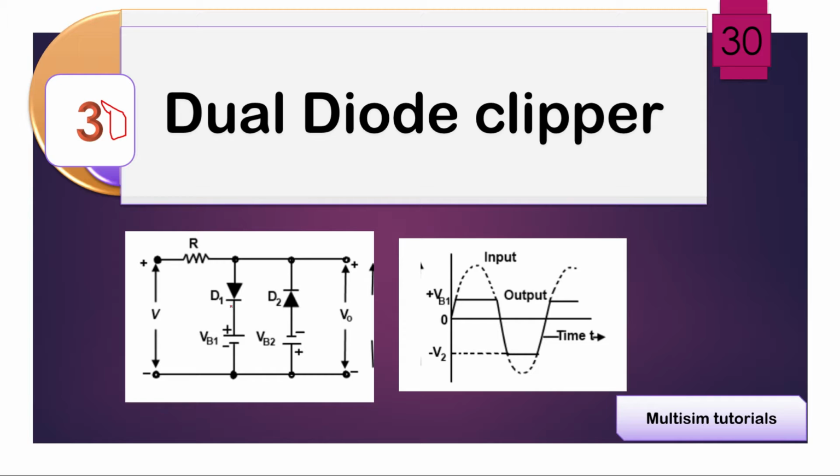So what exactly is the dual clipper circuit? Dual diode clipper circuit. Why is it called dual? Because we are using two diodes, so it is called dual, which is having two, right? So dual mode. What is dual? Dual means it will act in both ways.